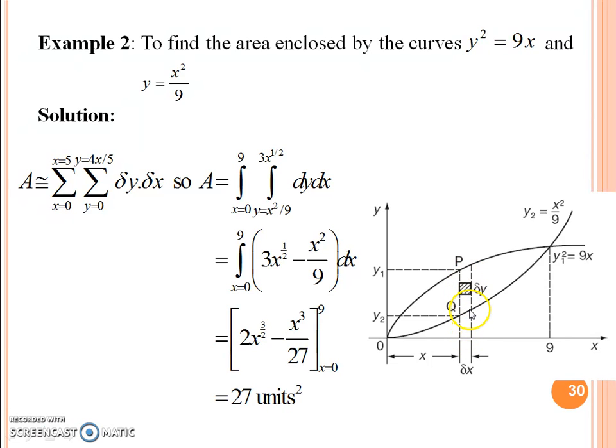Here in this case, we are considering the vertical strip. Now for deciding the limits of y, the lower end of the vertical strip is on the curve y equal to x square by 9. Hence the lower limit of y is x square by 9. The upper part of the strip is on the curve y square equal to 9x.